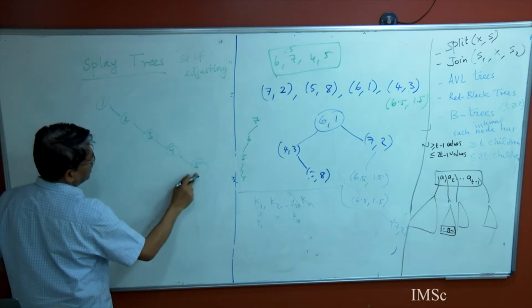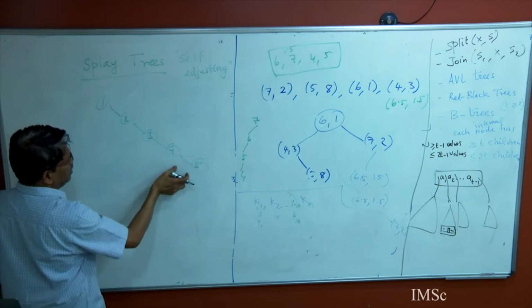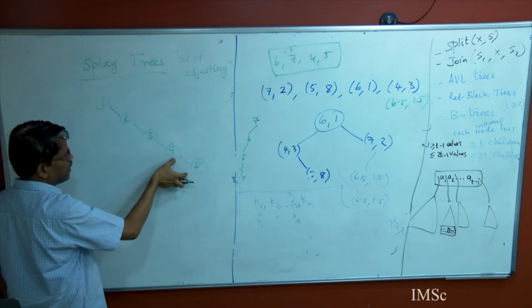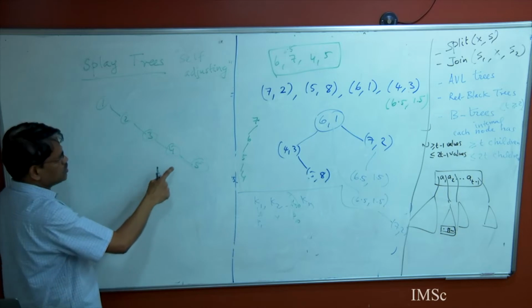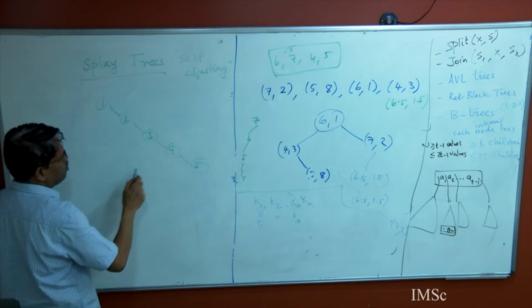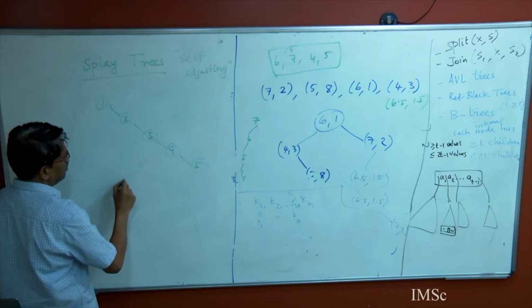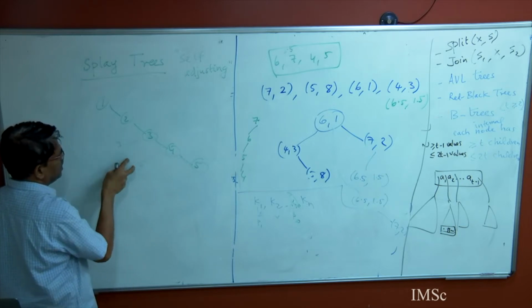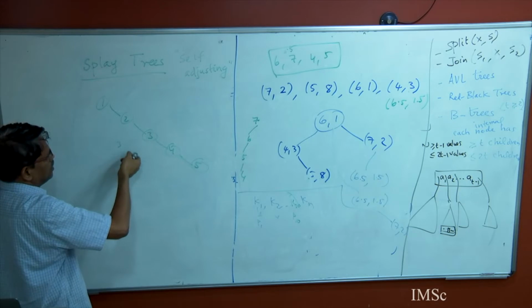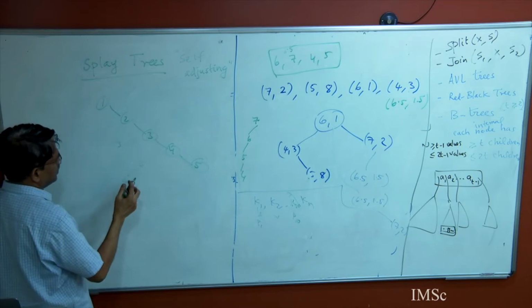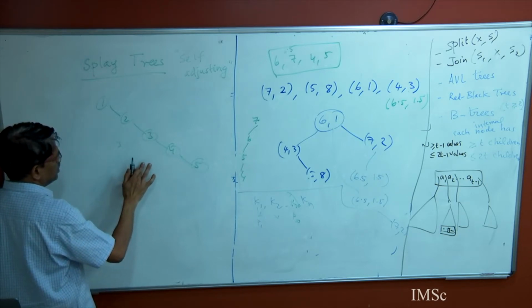Okay, so let's say I search for 5. I want to bring 5 to the root by doing rotations. So I'll do a left rotation at 4. So it will be 5 followed by 4. Then I do a left rotation here to bring 5 up.